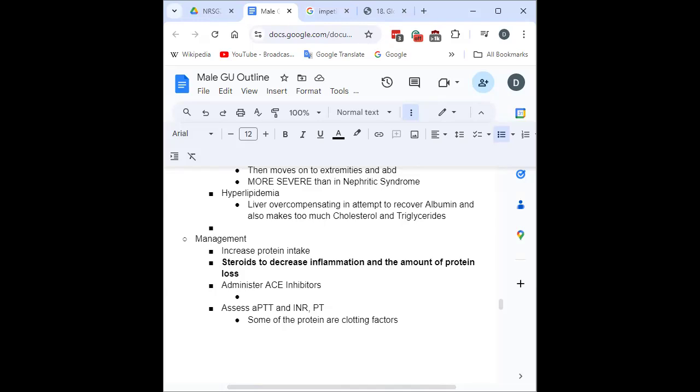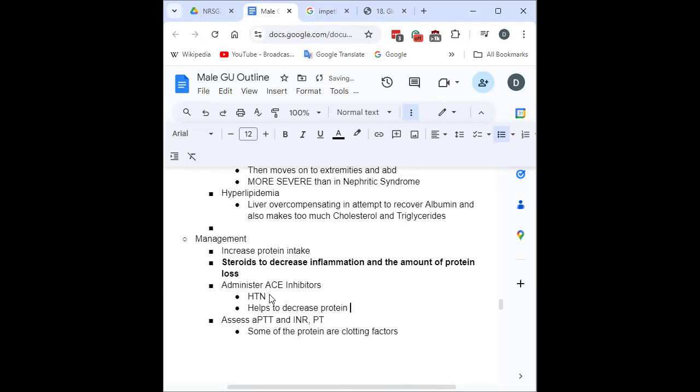You'll have similar lab findings, but you'll still have the edema, the retention, so you'll still have some issues with hypertension. So it helps with hypertension, but it also helps to decrease the protein loss.